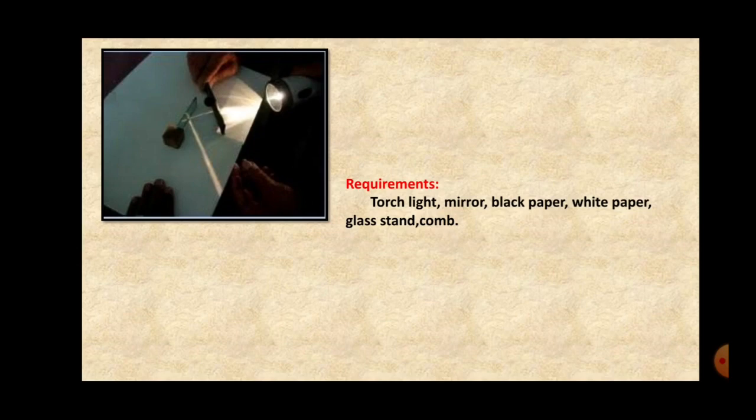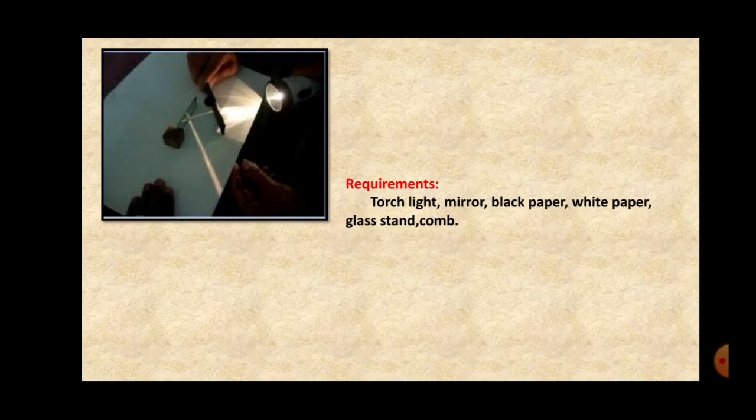Okay, the small one, this is falling on the mirror and it is changing its direction, and this one is called the reflected ray. And this point where the ray is falling on the mirror and changing its direction is called the point of incidence.